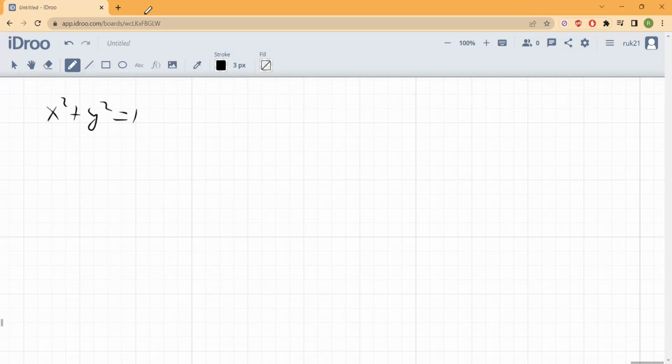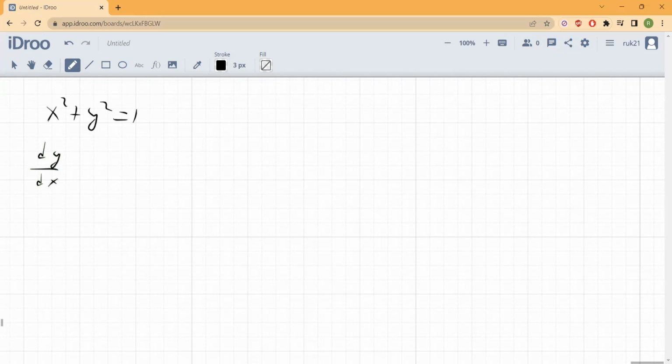Now, what we want to do is figure out how we could get the tangent of the circle. So again, here we would need to implicitly differentiate. Hopefully everybody knows how to implicitly differentiate, especially with what we just did, that massive thing. Very exciting. So this should be a breeze for us.